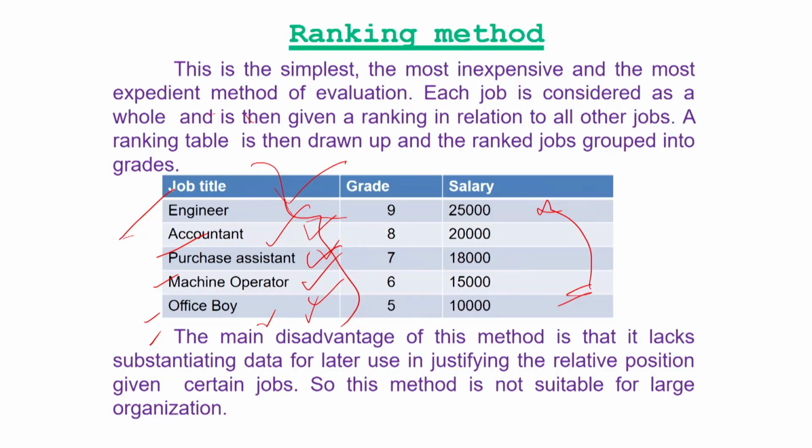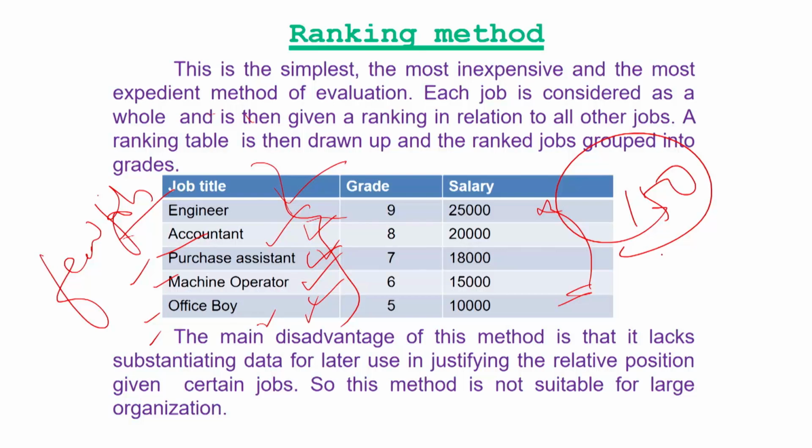So one of the biggest advantages of the ranking method is that it's very simple, very effective, and here we know that only a few jobs can be evaluated. Now, for example, if we had, supposing, 150 job profiles, then it would have been very difficult to take into consideration.